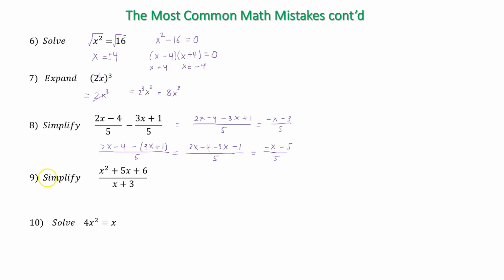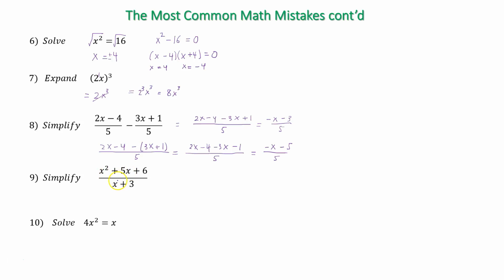Okay, so going on to the next example, it says simplify. We have x squared plus 5x plus 6 over x plus 3. And what I sometimes see students do is they just start canceling things.